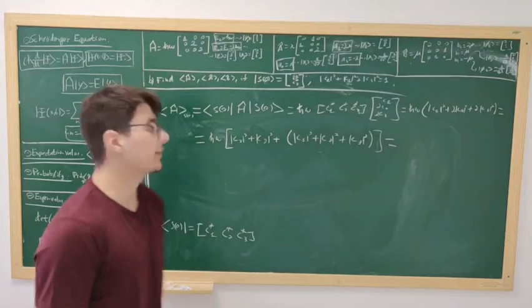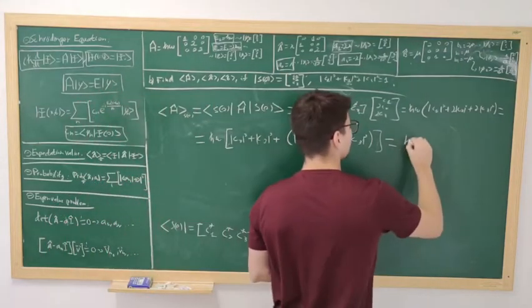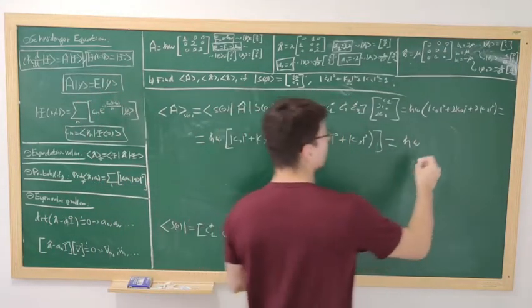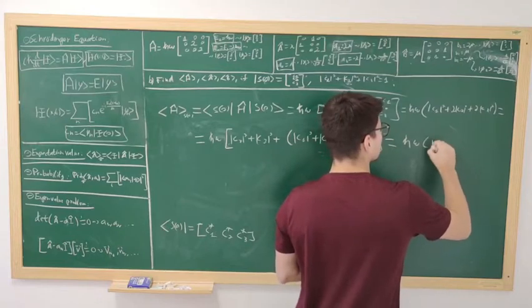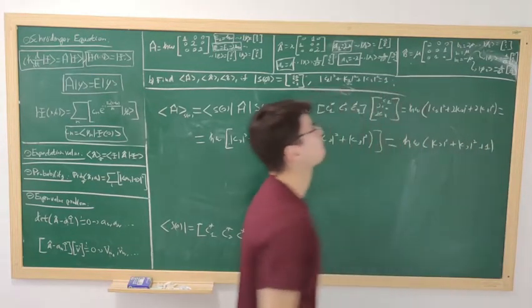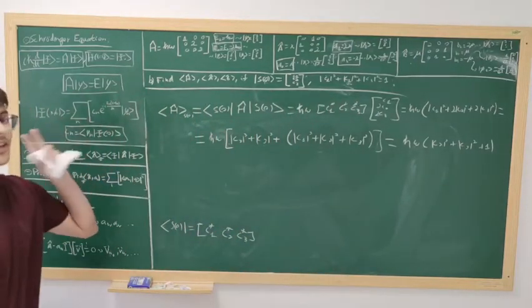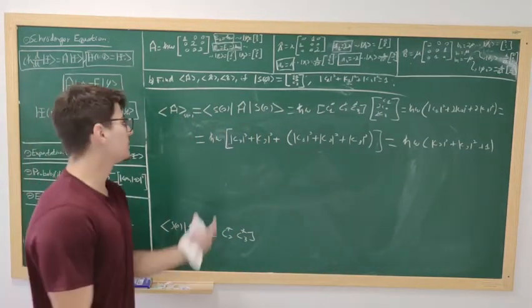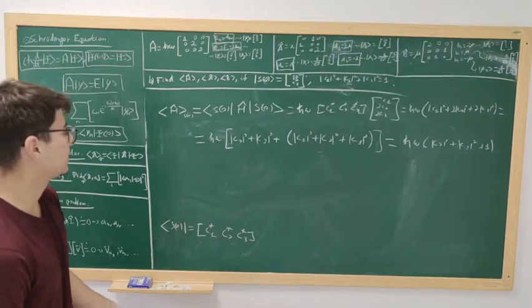And this is 1 because we have that condition, so we end up with C2 squared plus C3 squared plus 1. This is the expectation value of the energy when we are in state S at time 0.